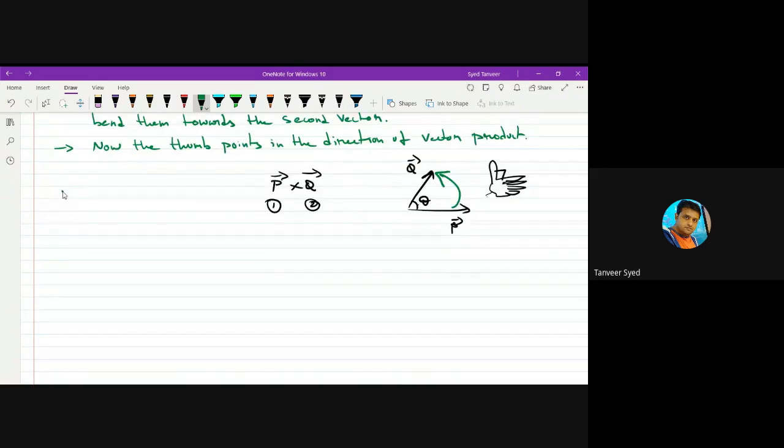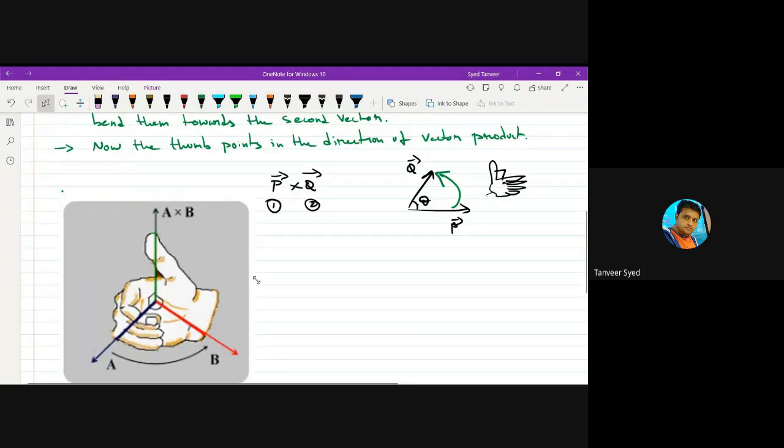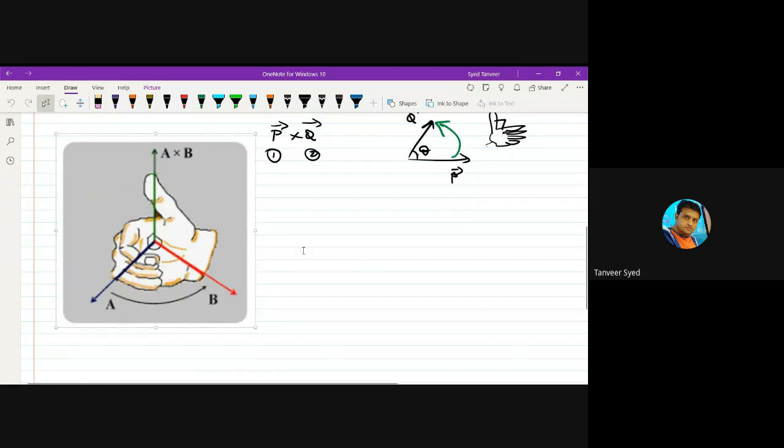See, do you understand from this? Here, A and B are the two vectors. This is vector A. We have taken P and Q, here they are A and B. And this is vector B. If I do the cross product of these two, A cross B, then to find the direction of A cross B, can you understand here how this hand is being bent?